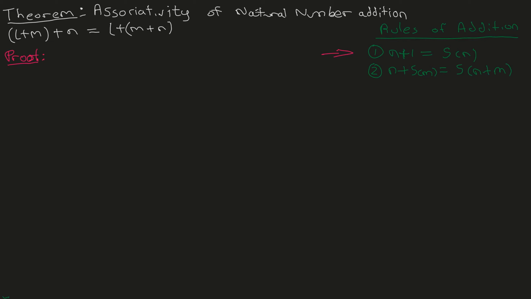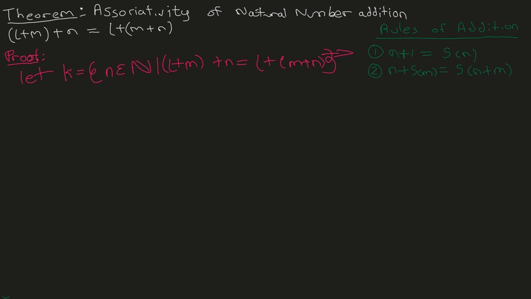So let's begin by proving associativity of natural numbers. To do this proof, we'll use the fourth Peano axiom. We define a subset K such that all its elements are in the natural numbers, and it follows the property (L + M) + N = L + (M + N).